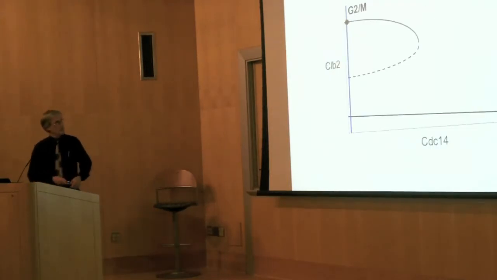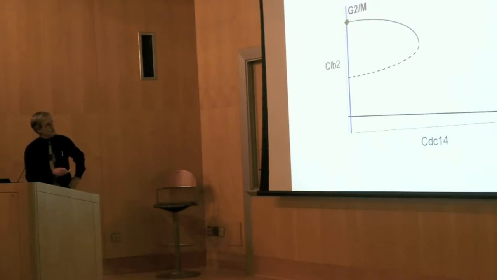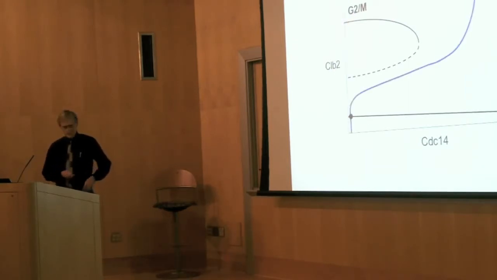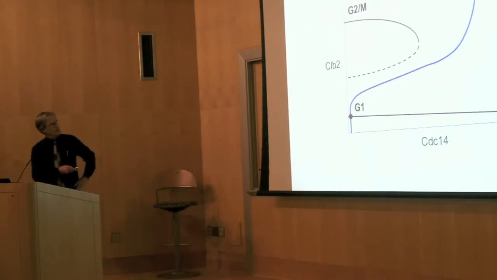And what does that look like? If CDC14 level is low, here's our system with two stable steady states, but now we're up here. We're in the on state. We're stuck at mitosis, and we want to exit from mitosis. How are we going to do that? Well, remember, CLIB2 activates CDC14. So when CLIB2 level is high, CDC14 level wants to be high.